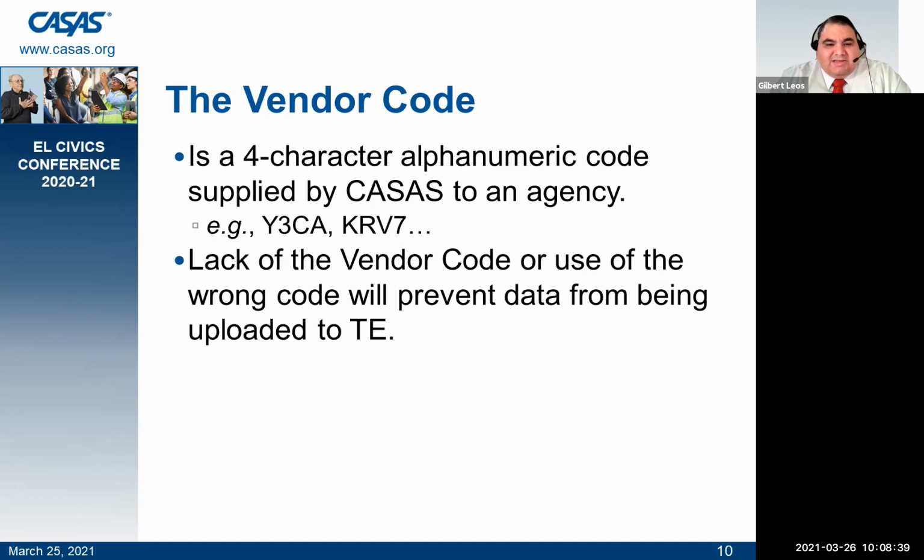It is needed in order to upload data to TOPS. If you use the incorrect code, you will get an error and it will not allow you to upload any of your results to TOPS. However, if you attempt to do it without a code, it'll also give you an error. So make sure that you have that code.